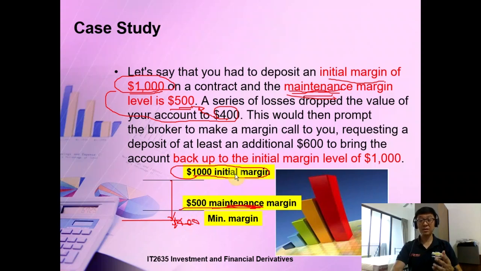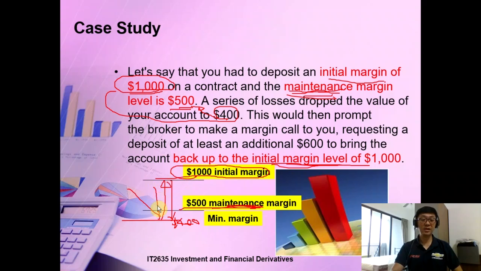So what will happen? You can't trade anymore. The exchange will stop you from doing any more trading. In order for you to continue doing your trading, you have to bring it back to the initial margin, which means that you have to top up $600 back to the initial margin.